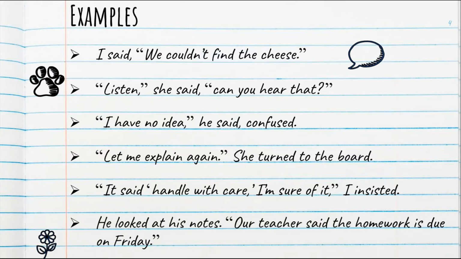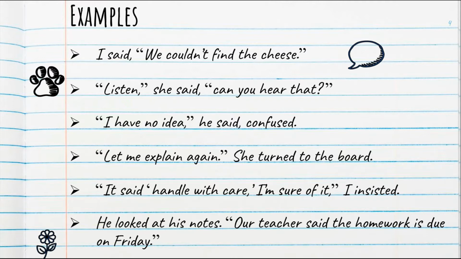All right, one more. He looked at his notes, period. Our teacher said the homework is due on Friday. And here again, we see action verb separating spoken words, but no speaking verb. He looked at his notes, period, not comma, because "looked" is not a speaking verb, right? So, period. Our teacher said the homework is due on Friday. Now, again, "our," in this case, is capitalized. The O is capitalized because it's a new sentence, all right?